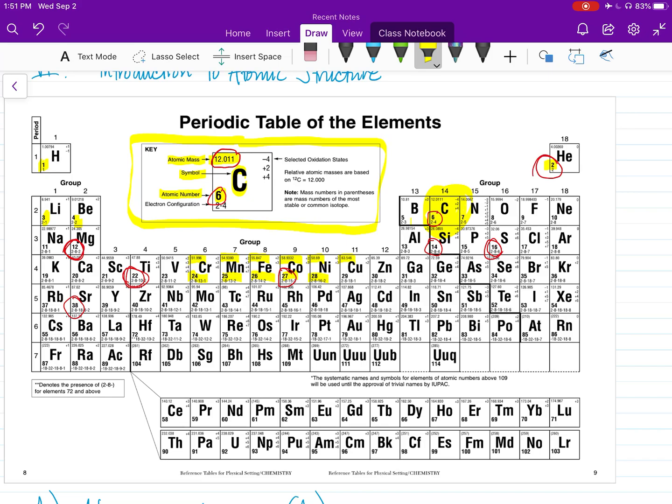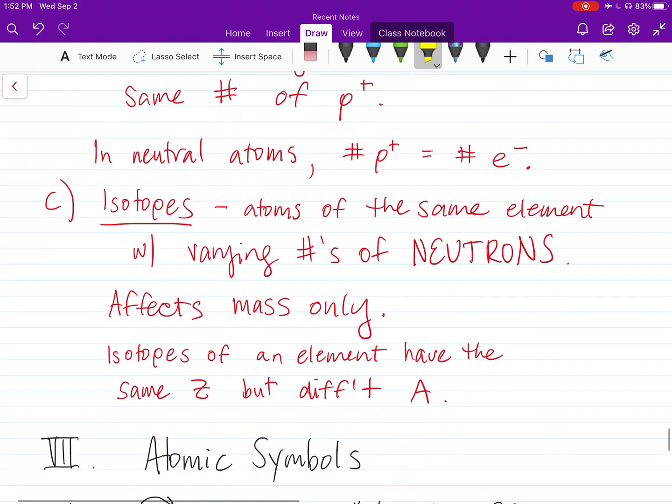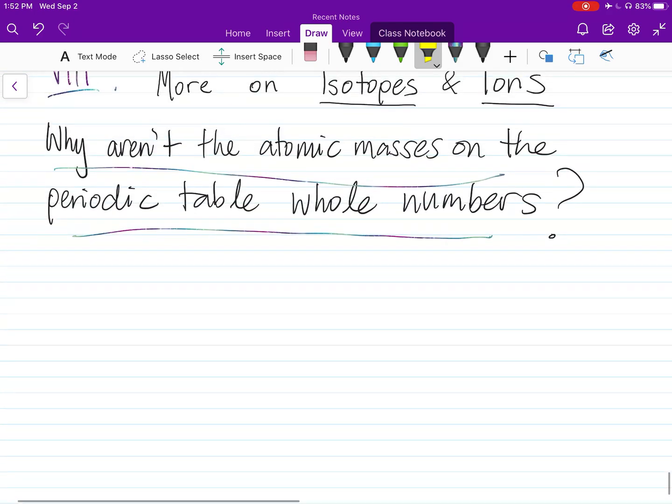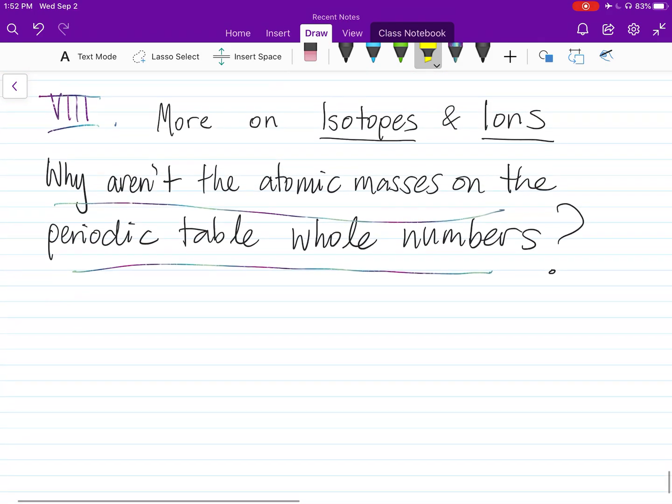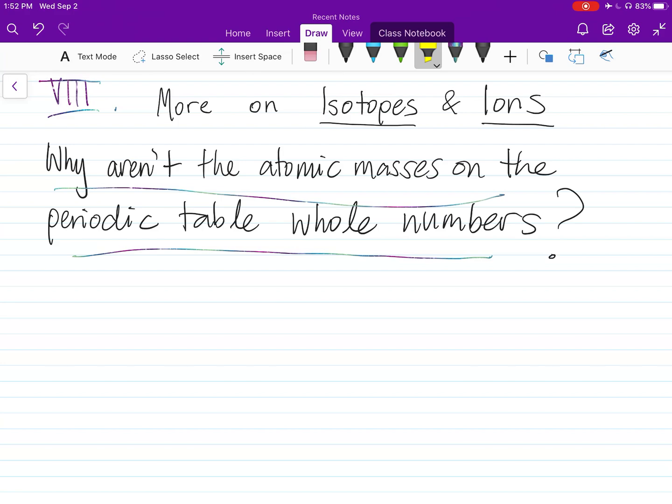So if the atomic masses are supposed to be just the addition of the number of protons and the number of neutrons, why aren't they whole numbers? You can't have half a proton. You can't have half a neutron. So I suggest that you pause and think about that on your own for a moment.